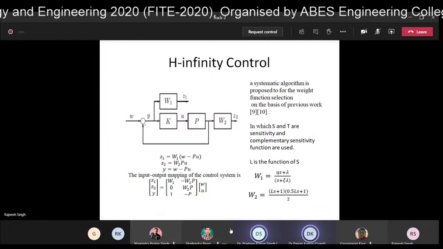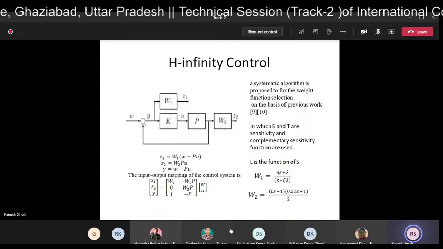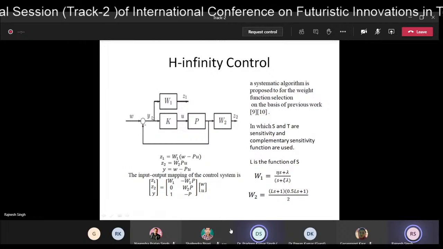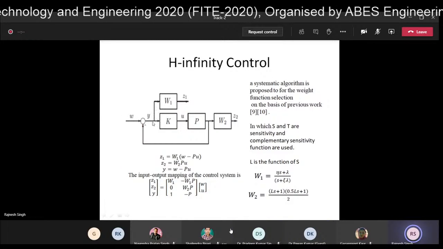This is the error between feedback and the reference point. Z1 is the weighted value.